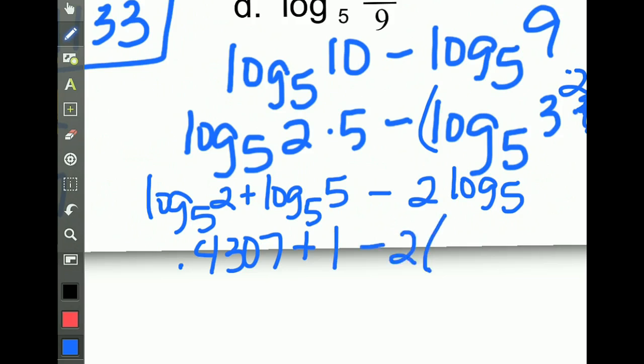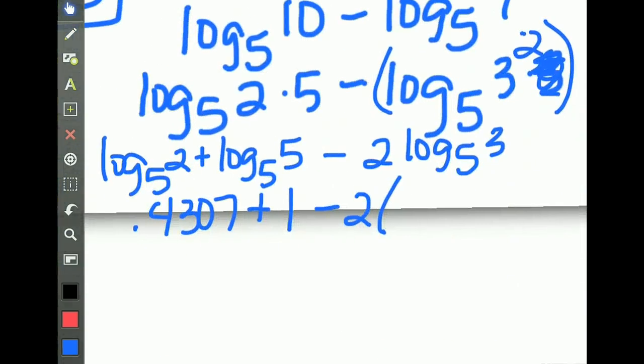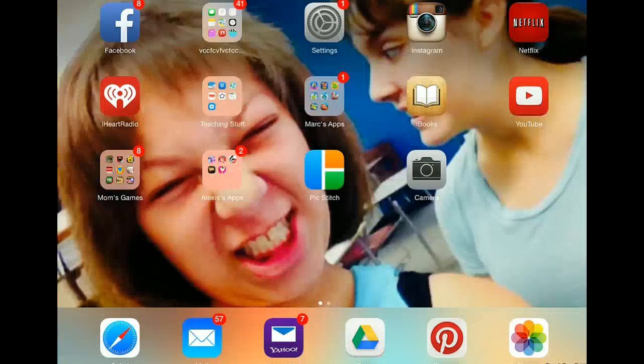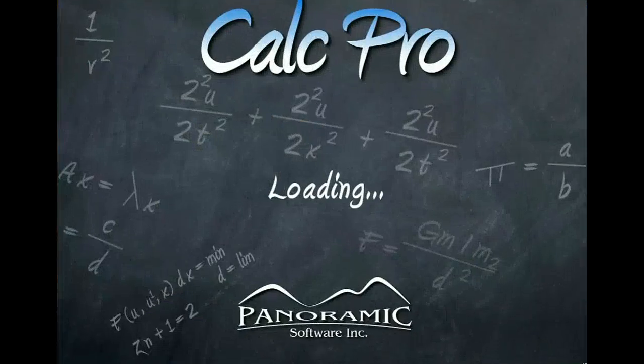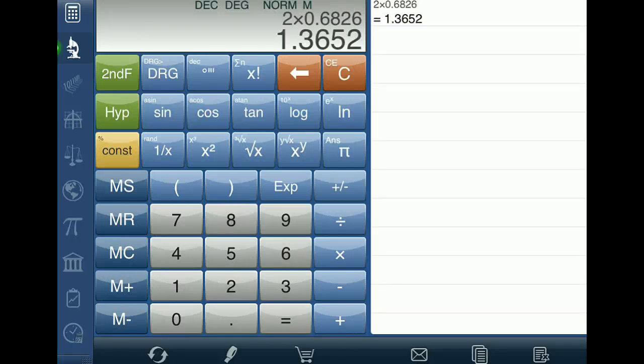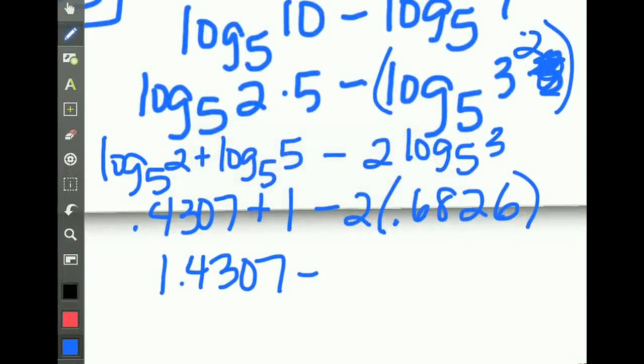Minus 2 times my log 3 value, which is 0.6826. So 2 times 0.6826 is 1.3652.